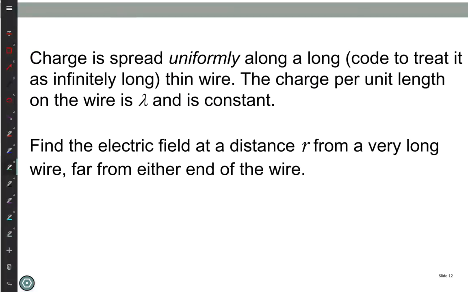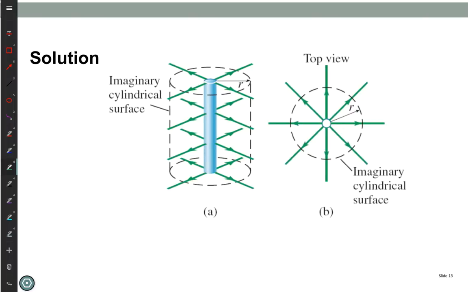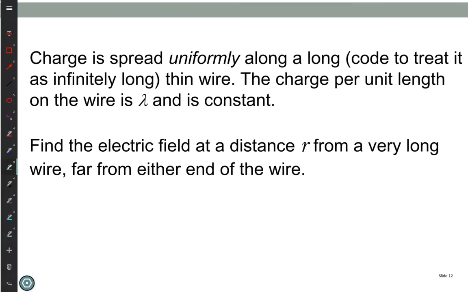So here's a picture. Here's the problem. Charge is spread uniformly along a long, thin wire. Long thin wire is physics code for treat it like it's infinite in length. Infinite wires don't exist, right?